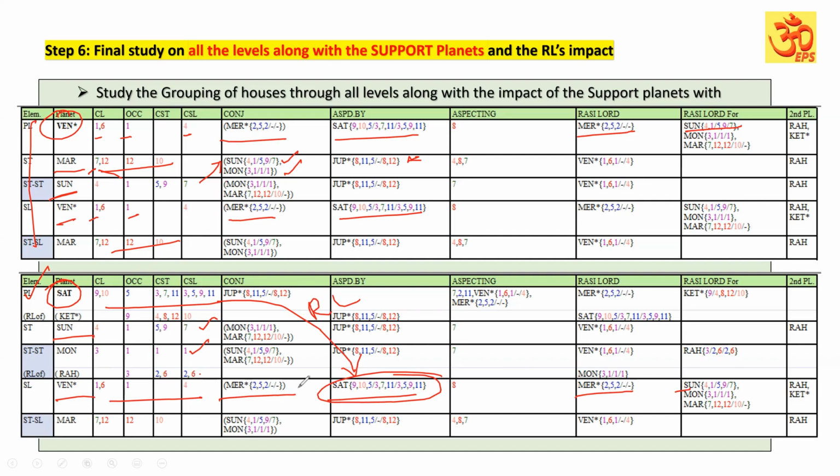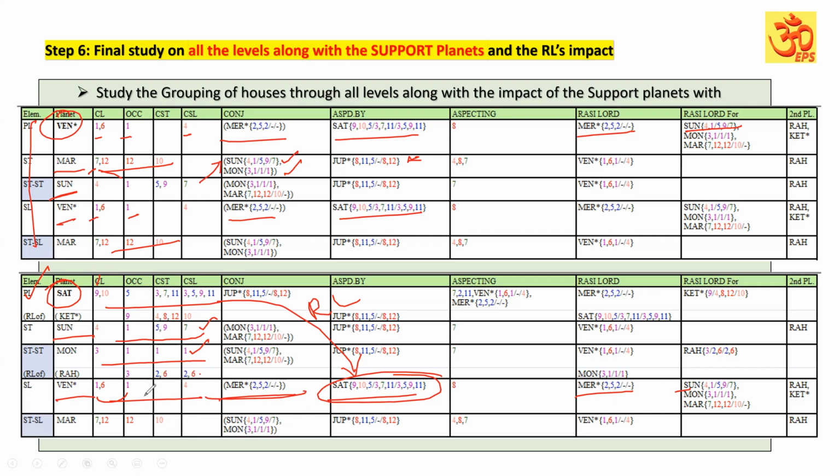So that Saturn is giving support to the sublord, making that Venus not weak. Favorable strength is increased. Apart from that, other multiple key planets are also increasing it. Now you check the rulers link, that combined level strength. You can see Saturn favorable houses, 9th Lord 5, 3, 7, 11, very good houses starting with 9, and the star level planet 1, 5, 9, 7, supported by this, and further supported by 1 and 1, because it has very good grouping, further supported by the same Saturn through the ruler link.